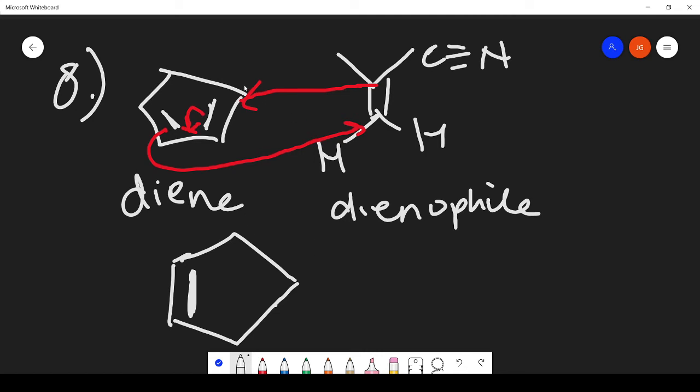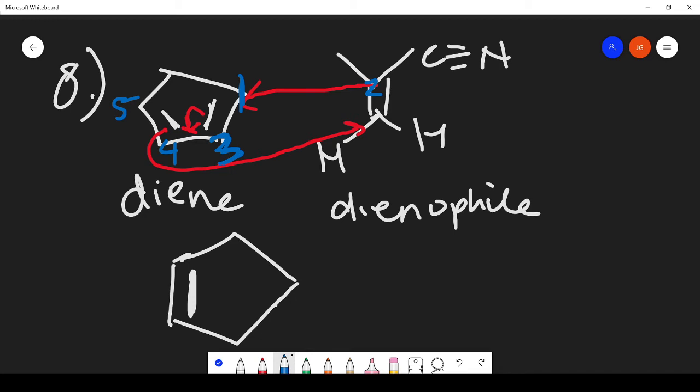And what's happening is this carbon, I'm going to label it carbon 1, is going to attach to this carbon here. I'm going to label that carbon number 2. And let's say that this carbon, carbon number 3, is attached to carbon 1. 4, 5. Maybe I should have started that with 2, but whatever.